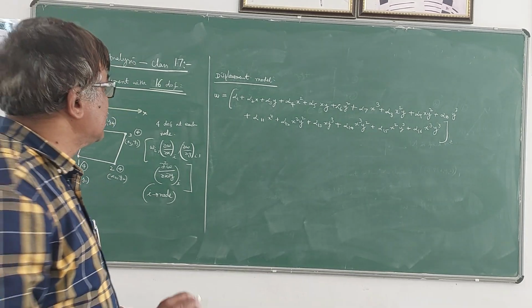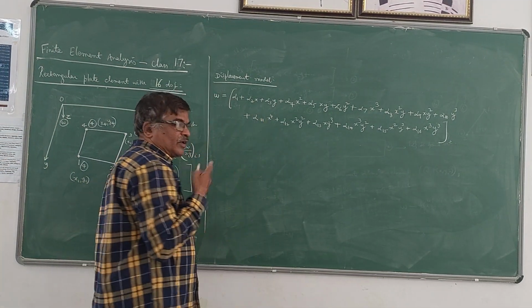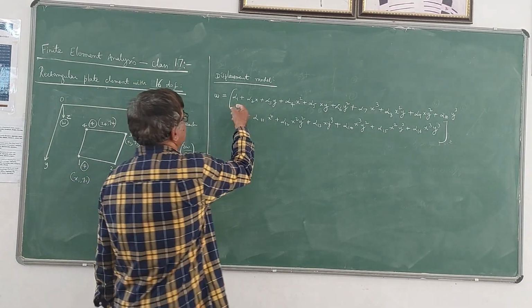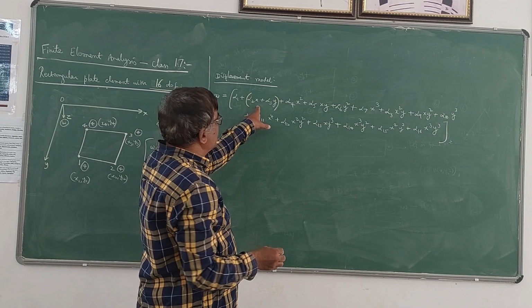I had explained earlier. You can observe here there are totally 16 terms, one term for each degree of freedom. The first one is constant, second and third terms are linear, that is order 1.